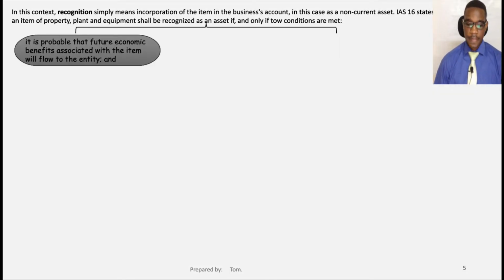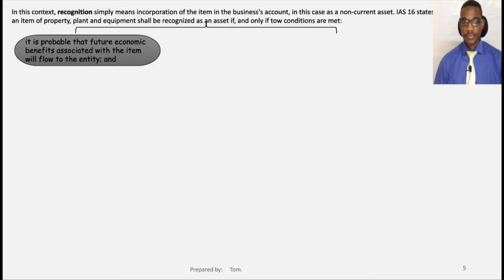First condition: it is probable that the future economic benefits associated with that item will flow to the entity. It means we expect economic benefit from having or obtaining this item of property, plant, and equipment.